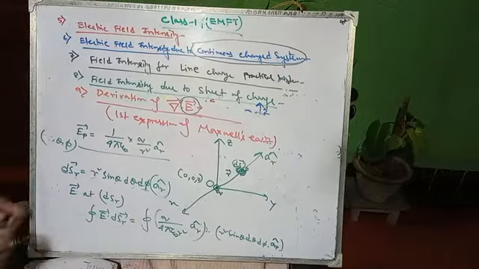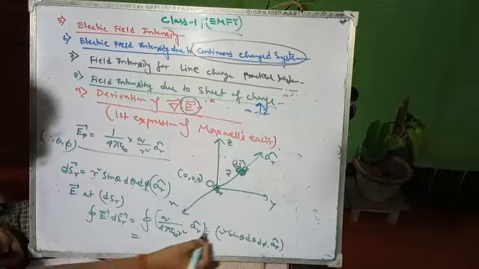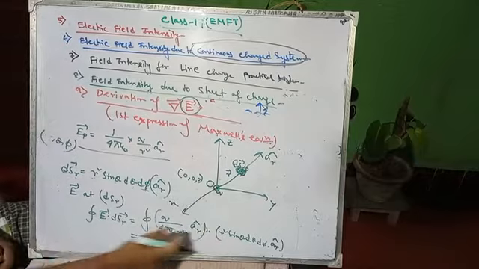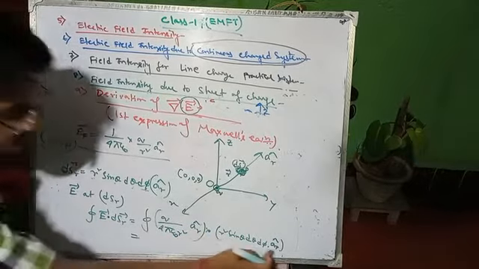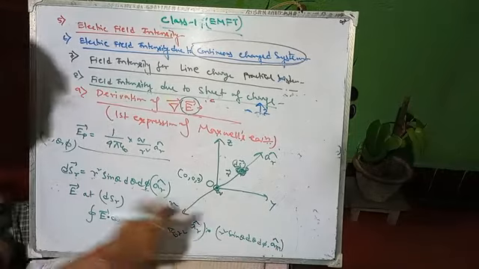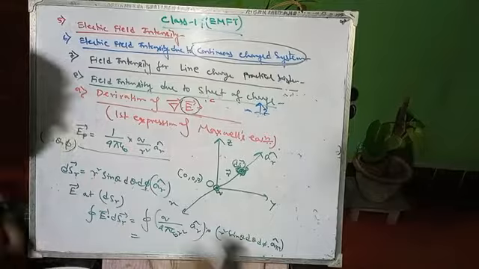It will be a dot product. So a_r dot a_r results in 1.